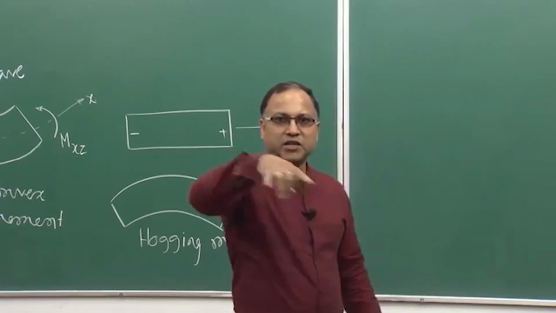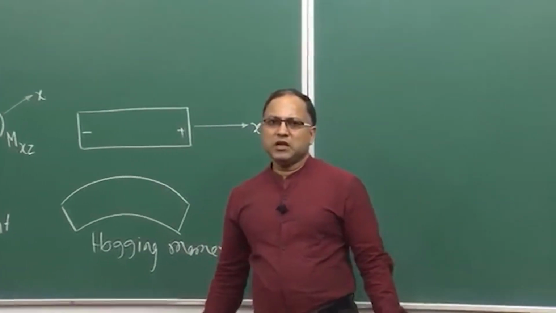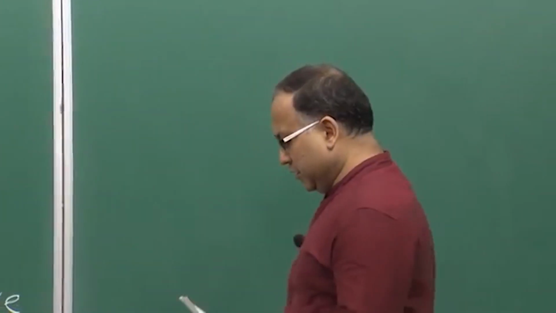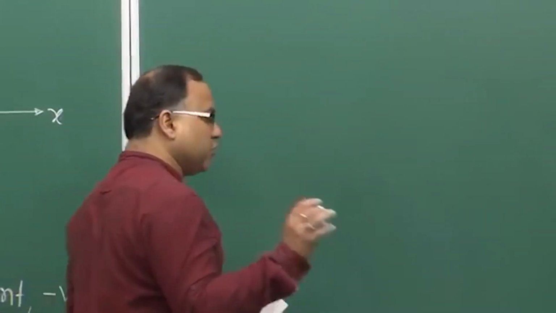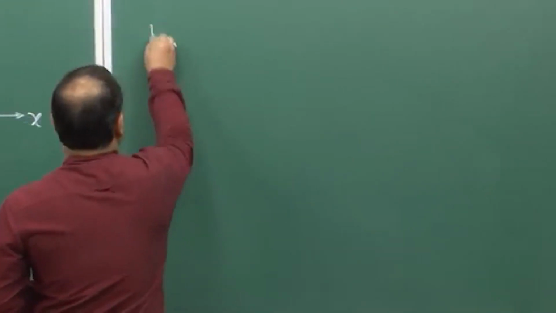So, in the z direction, that means normal to the beam, is very unusual. In that situation, you have only three components left to define the nature of a slender member. What are those?